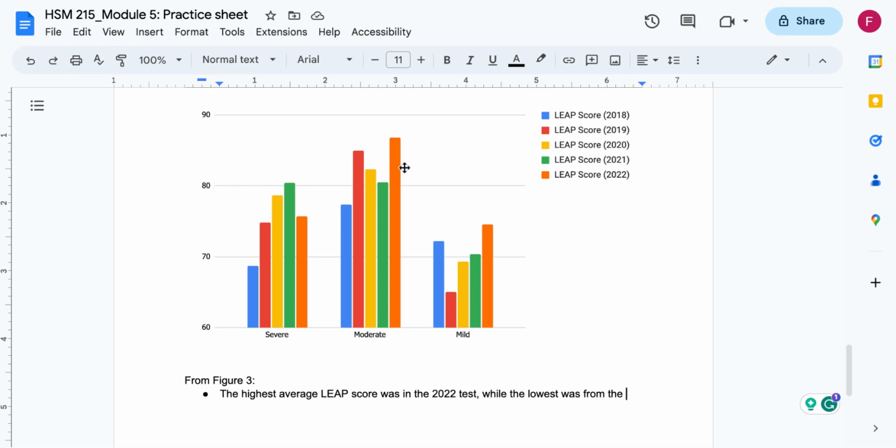Because this is the lowest and this is the highest. So it is from the 2019 test.